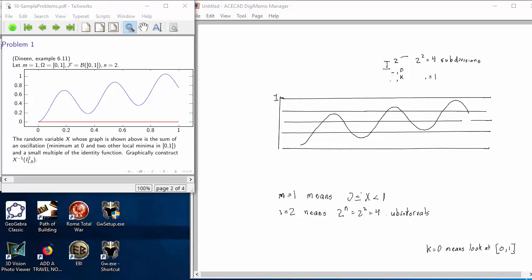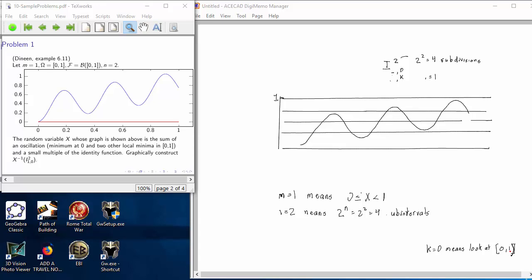If m were larger, then we could have larger values of k. If m were, say, 7, we could look at the unit interval from 3 to 4, and these are always closed at the low end and open at the high end.